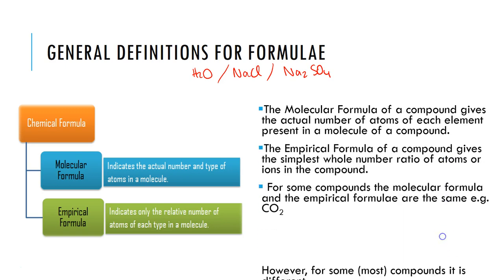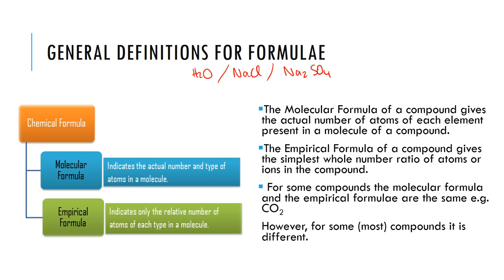But chemical formulas can either be molecular formulas, which indicate the actual number and type of atoms in a molecule, so something like C6H12O6, which is glucose, or they can be an empirical formula, which is the relative number or the lowest ratio of how the atoms go together in that molecule.